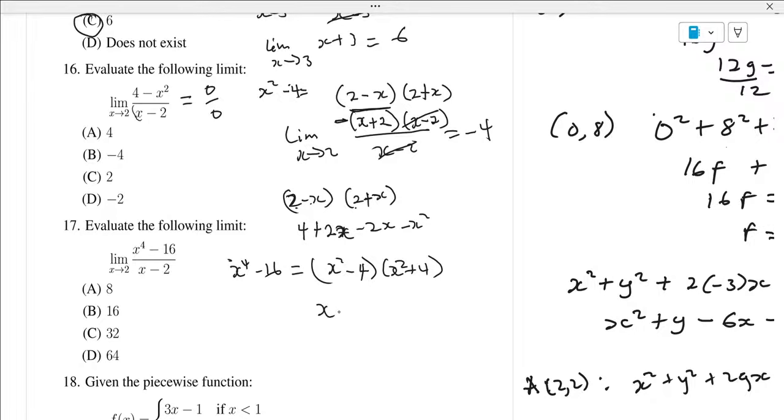That will be x minus 2 and then x plus 2. Then we have x squared plus 4 all over x minus 2. So x minus 2 can take care of x minus 2. Then now we substitute the value 2 inside. So we have 2 plus 2, that will give you 4. Then 4 times 16.